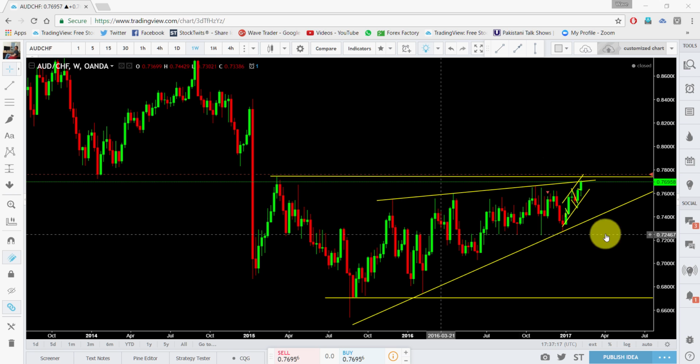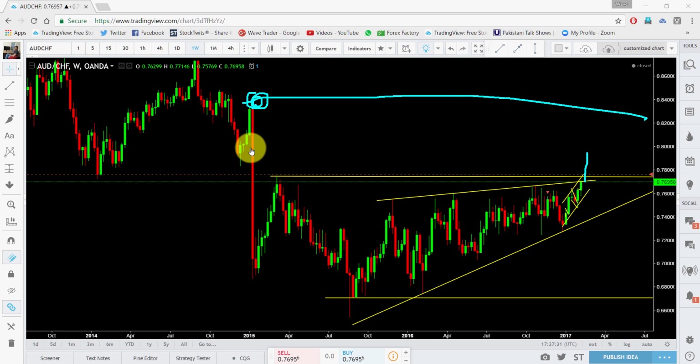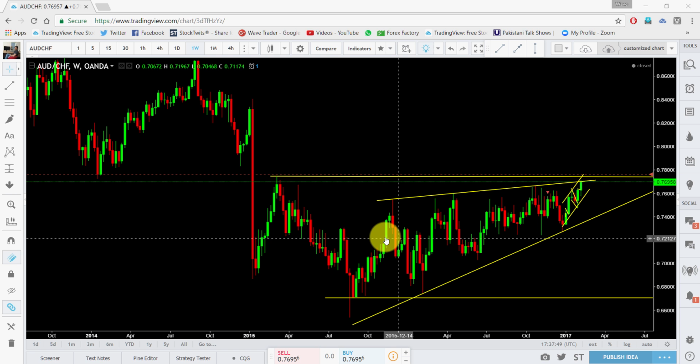If you see price not stop here and clearly break to the upside, then the pattern is going to change, and price can come up to this place, the point where we can see the impulse started. But I'm not anticipating this move. I'm anticipating this move back into the corrective structure.